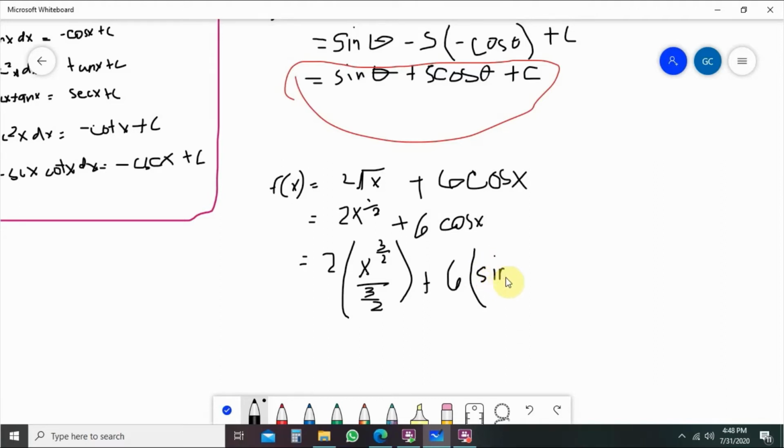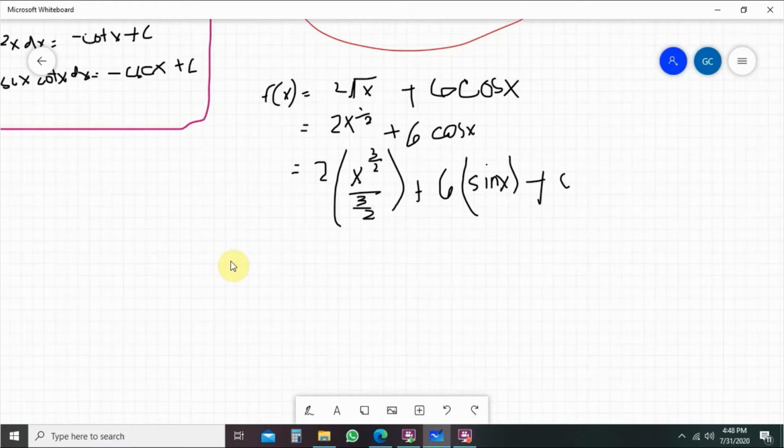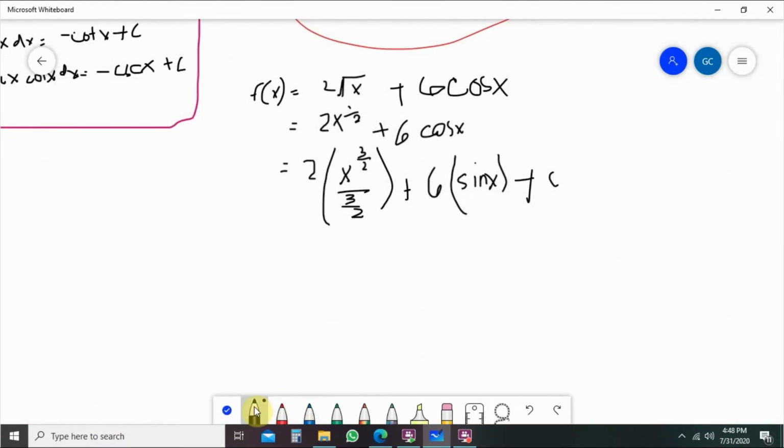Sine x plus some constant c. Drag that one up. The final answer would be, multiply this one to the reciprocal of this one.